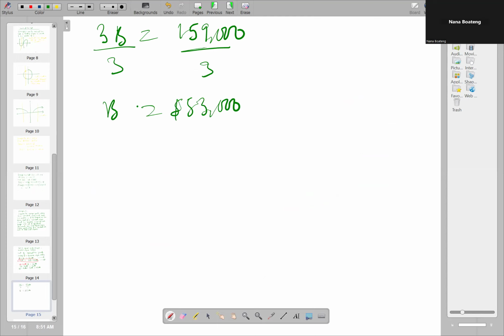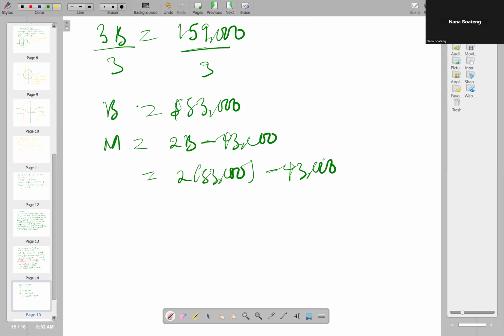And we already said M is equal to 2B minus 43,000. So M is equal to 2 times 53,000, which is 106,000, minus 43,000.